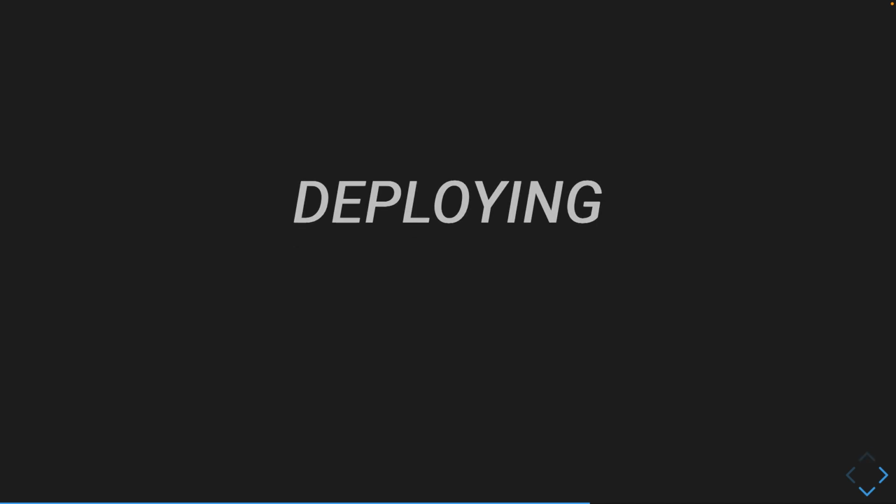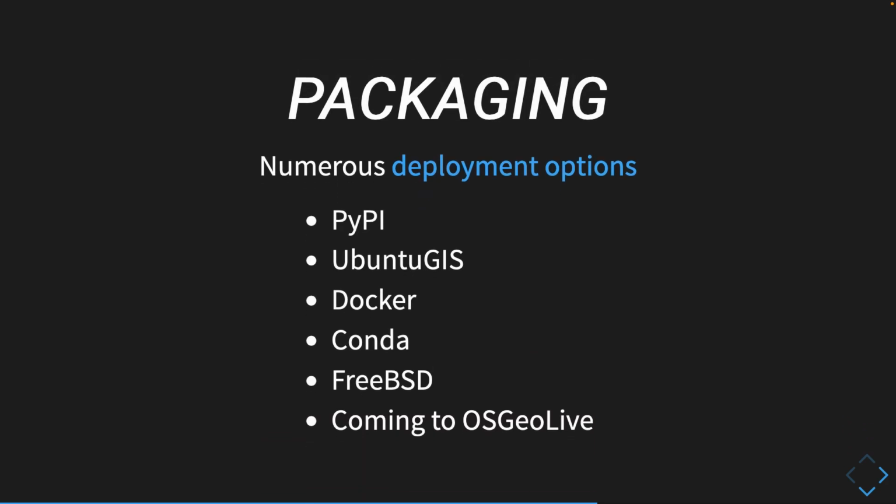So I've gone through some recent updates in the project. Now I'll give a bit of an overview on some of the options on how to install pygeoapi. There are a number of different deployment options. We're on the Python Package Index, so you can install via pip3 or what you see on pygeoapi.io, the website, with a quick install, the 5-minute install.